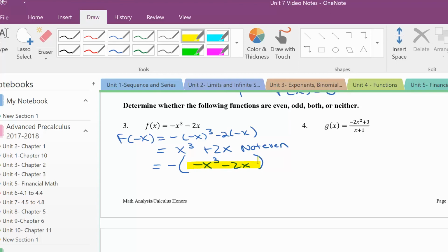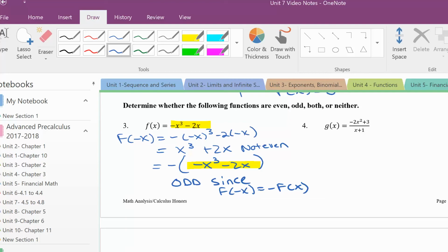Notice this in the parentheses is the same as what I started with there. So therefore, this is an odd function, since f of negative x is equal to the opposite of f of x. And therefore, it is odd, which means it would be symmetric to the origin.